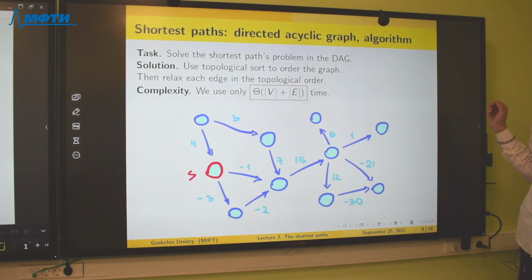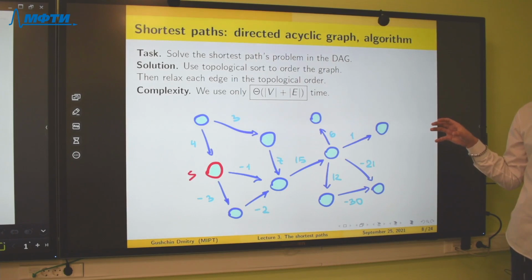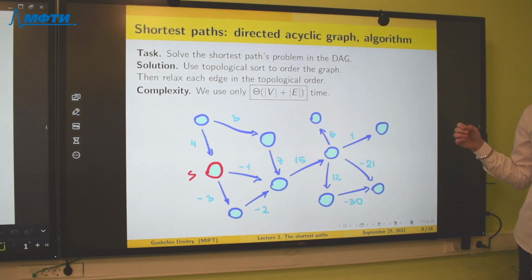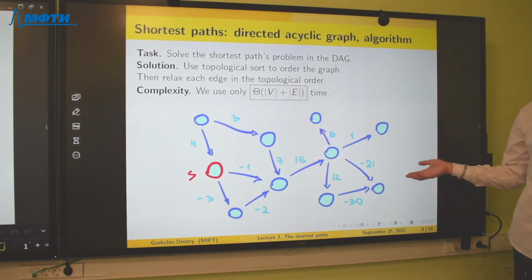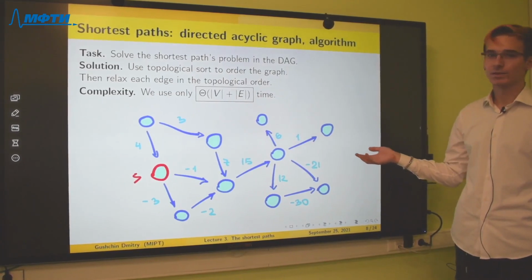And of course, if our graph contains a negative weight cycle, it is a problem for us. But a directed acyclic graph contains no cycle, so there are no negative weighted cycles, so we can solve it.